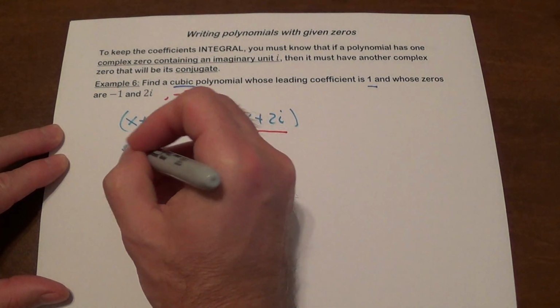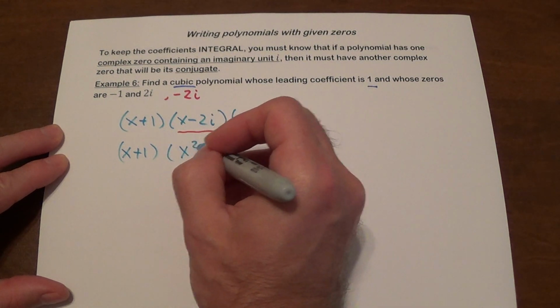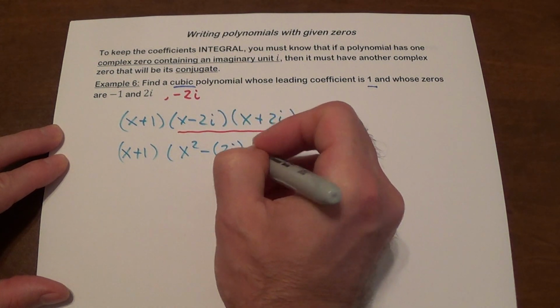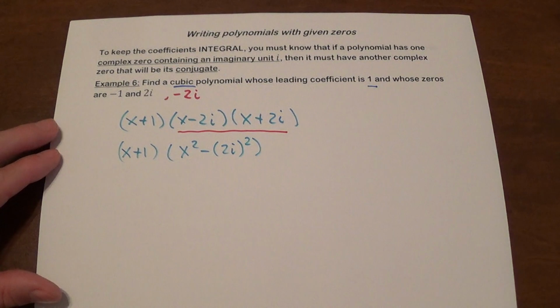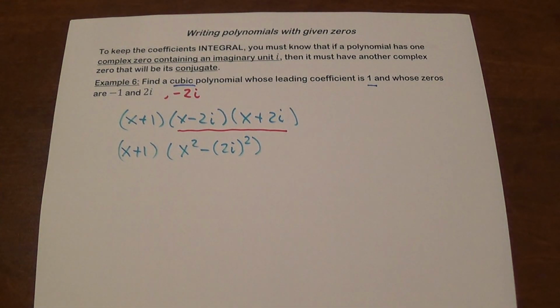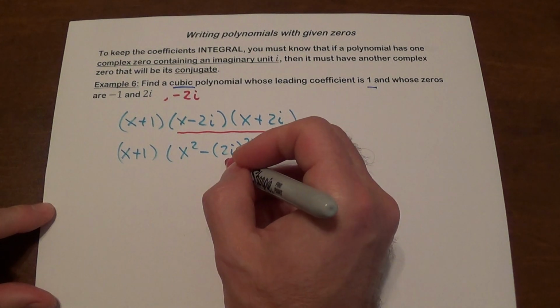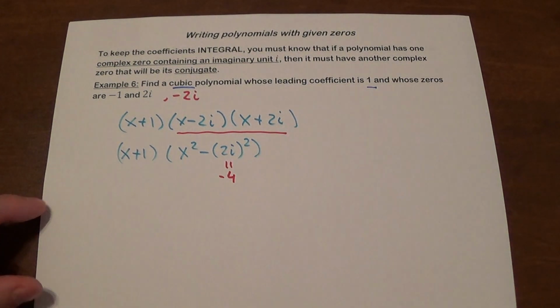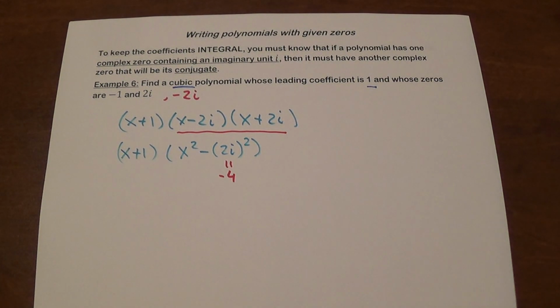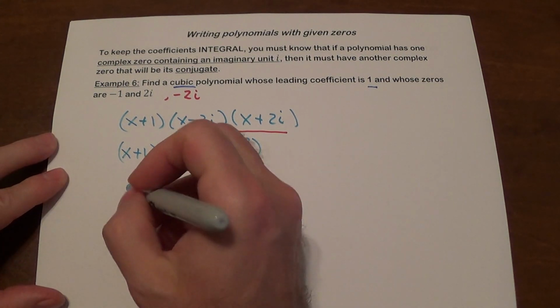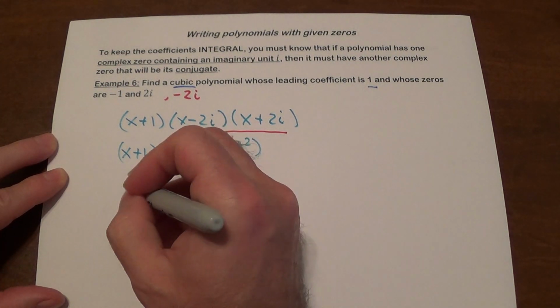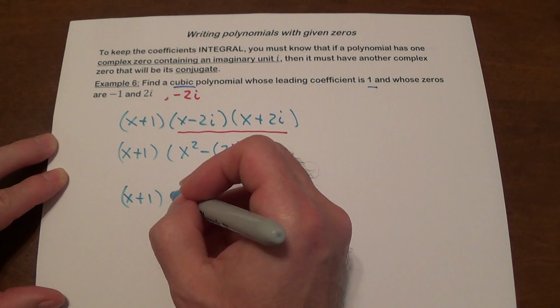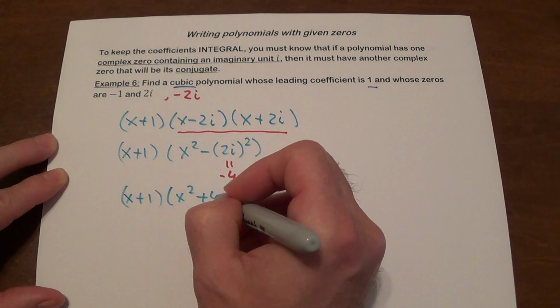So x plus 1. Here you're going to have x squared minus 2i squared. So 2i squared is going to give you minus 4. This here gives you minus 4. So it's x plus 1 times x squared plus 4.